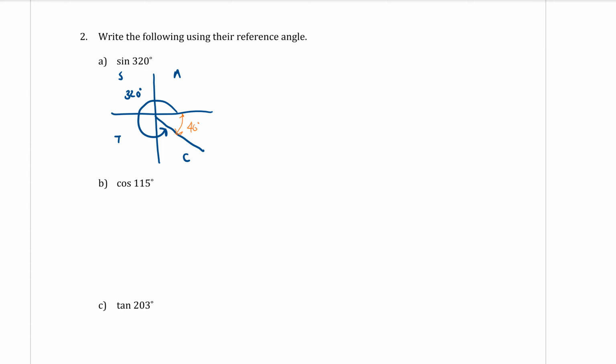Okay? So I've drawn that on my diagram. But what we're actually trying to find is another expression for sine of 320. Now, sine of 320 is going to be the same as sine of 40, using that reference angle.